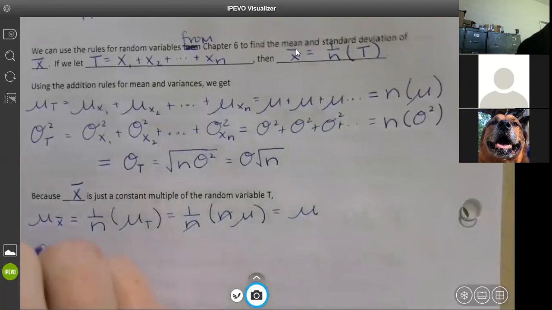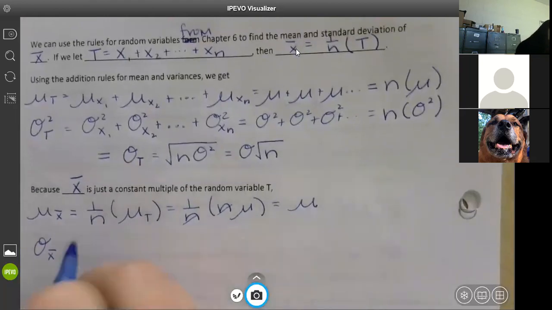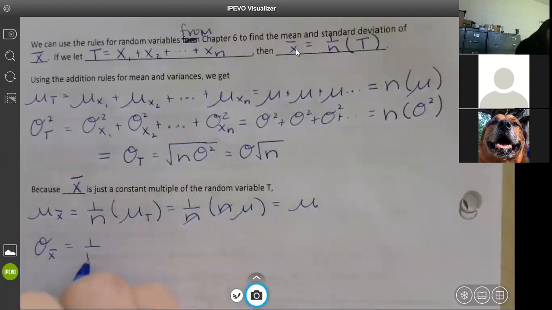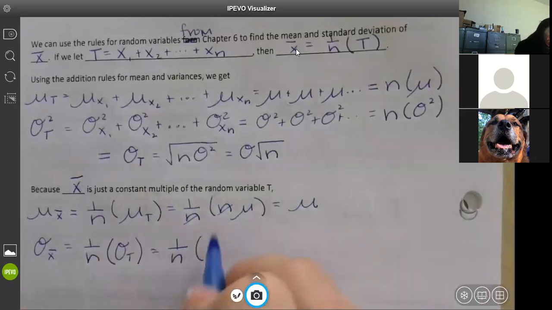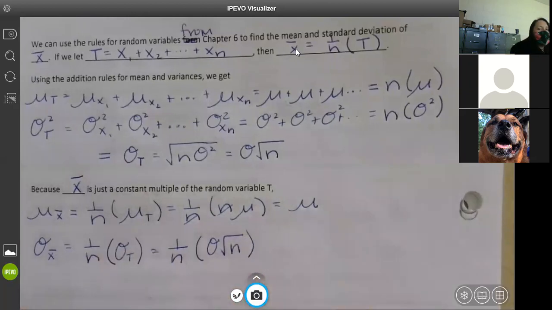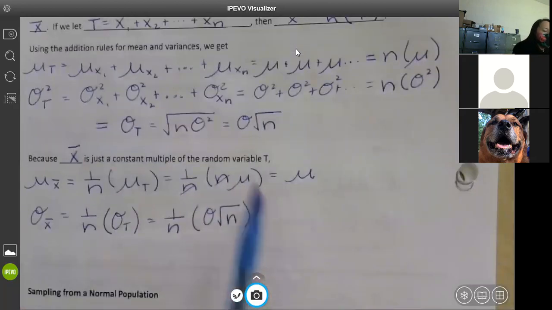Same thing on the next one. Standard deviation of the sample is 1 over n times the standard deviation of the population. So 1 over n times what we got up here.